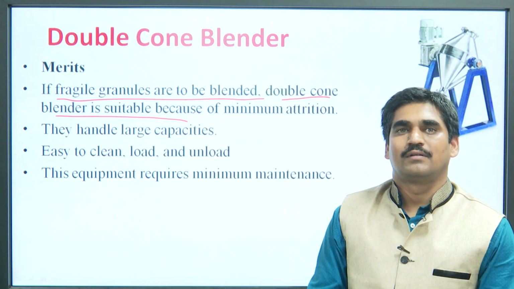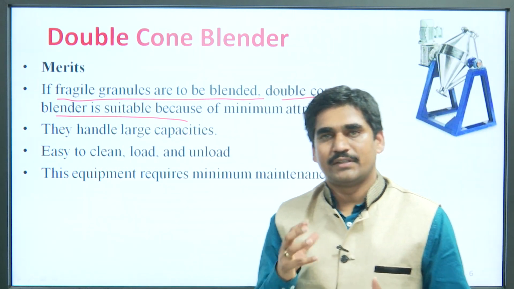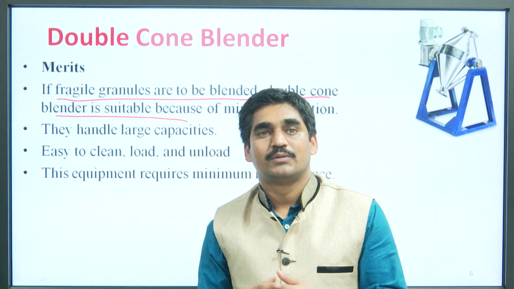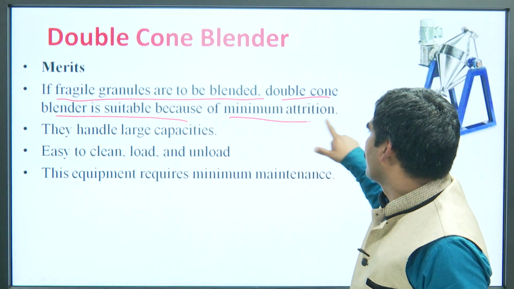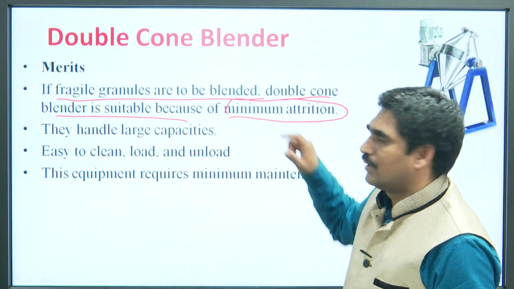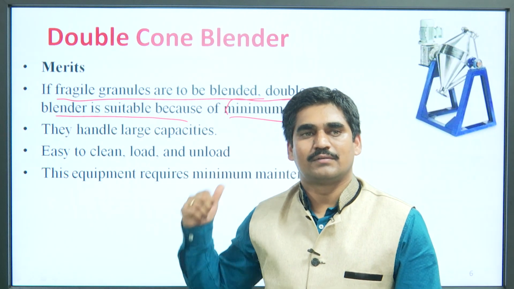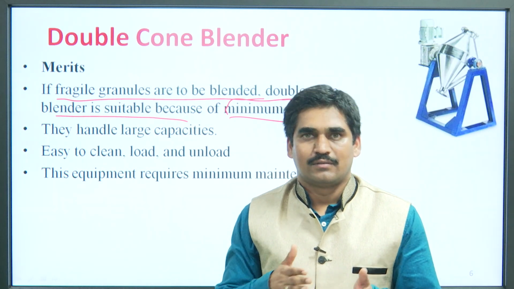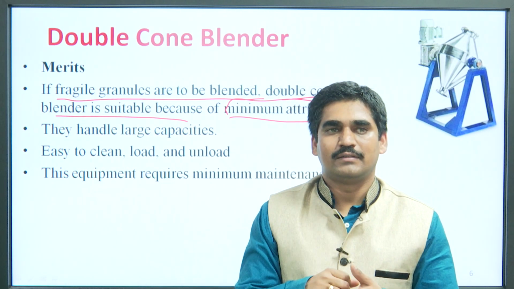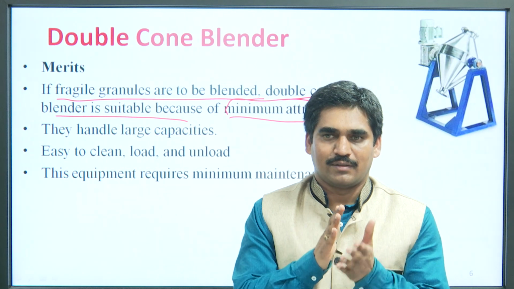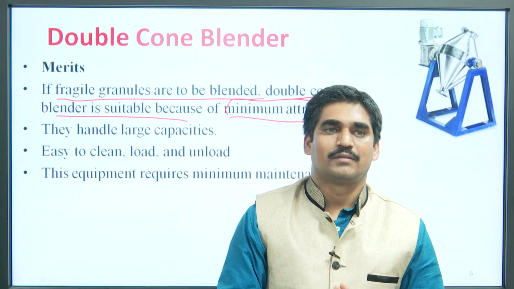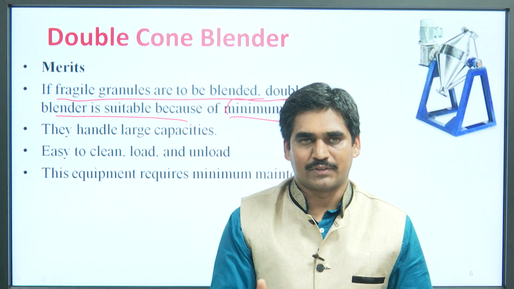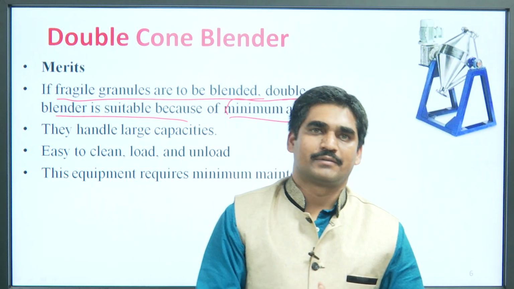for blending of fragile granules due to minimum attrition between the particles. If this attrition is more, there are maximum chances that more granules can be converted into finer particles.